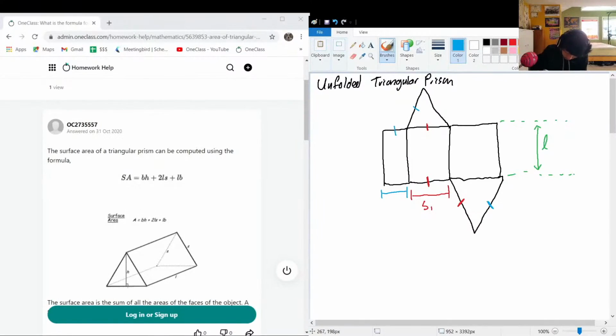That can be slant 2. And our last one, let's put that in purple. Let's call that slant number 3. And that's going to be those two, and that one right there. So those are all going to be the same length.